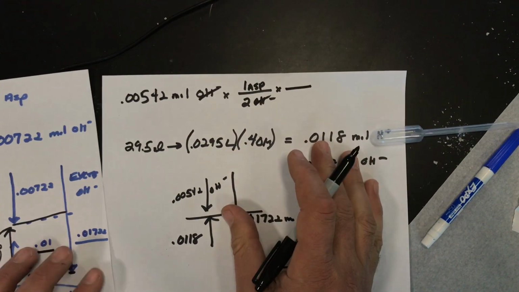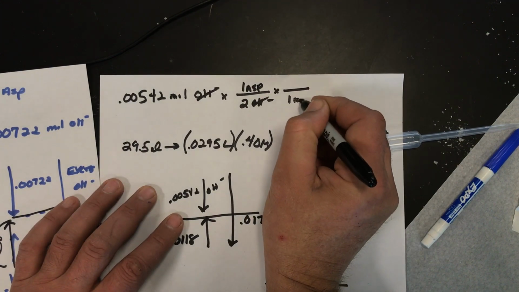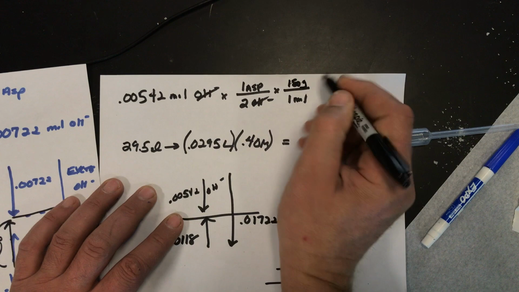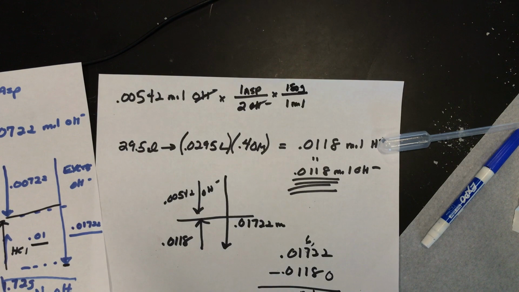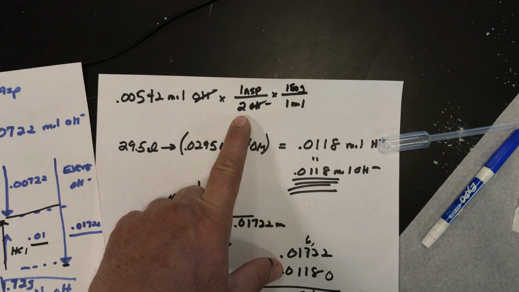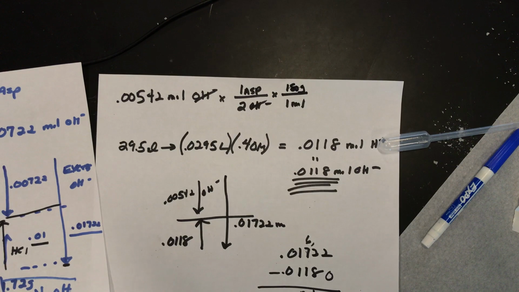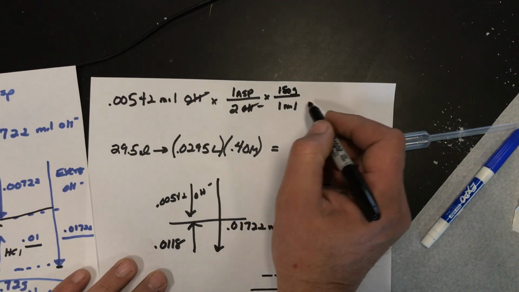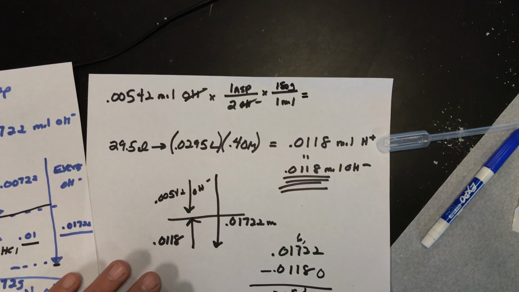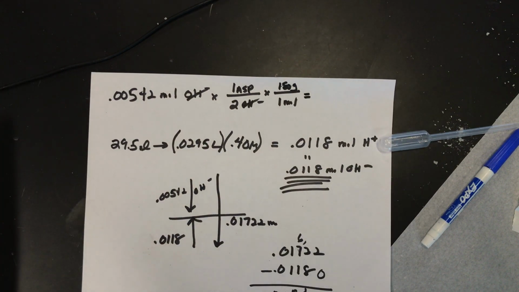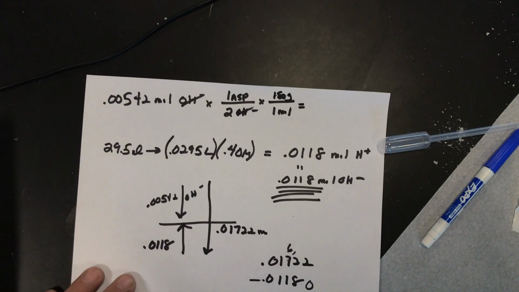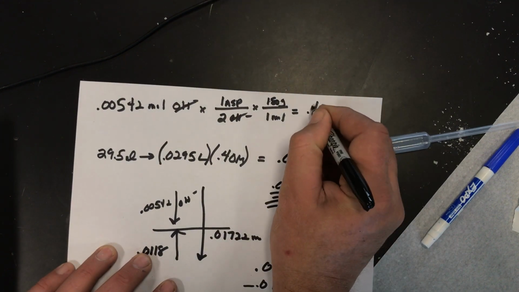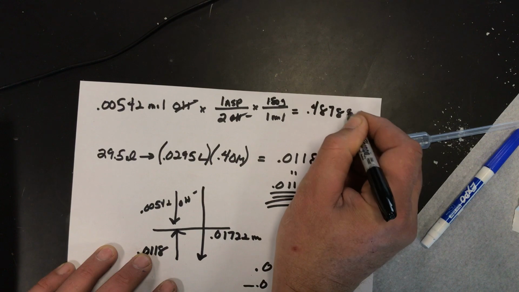Let's get the grams. For every 1 mole of aspirin, that's 180 grams. So 0.00542, divide by 2, times 180. What's that value? 0.4878 grams.